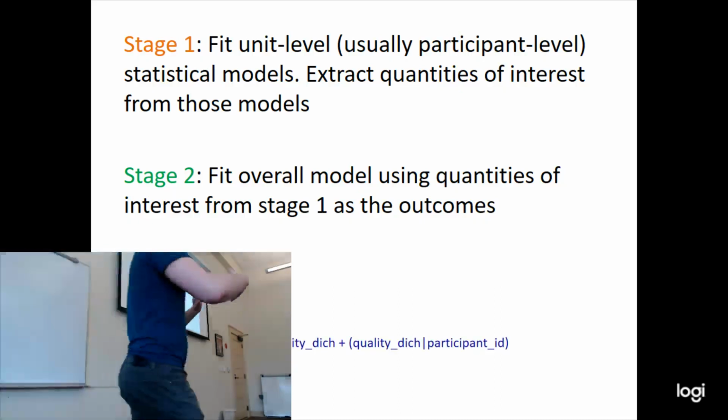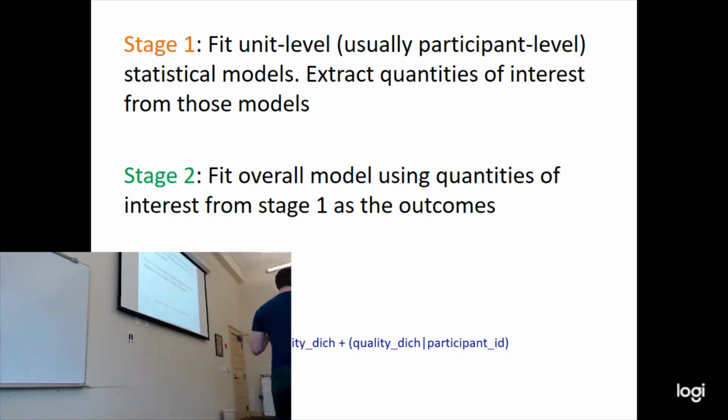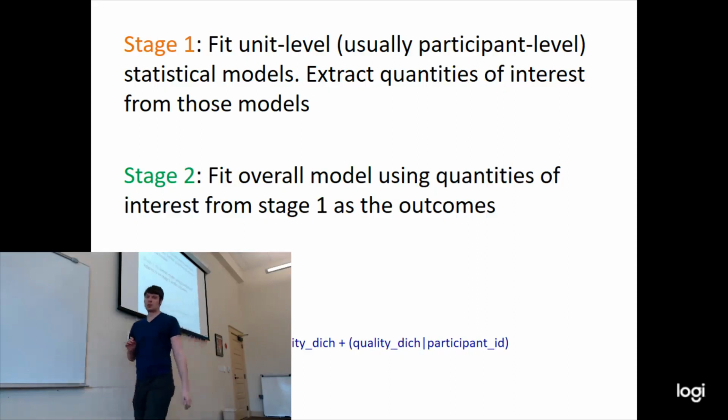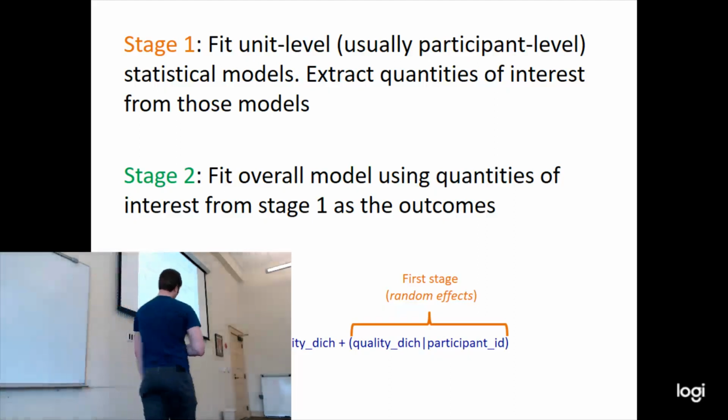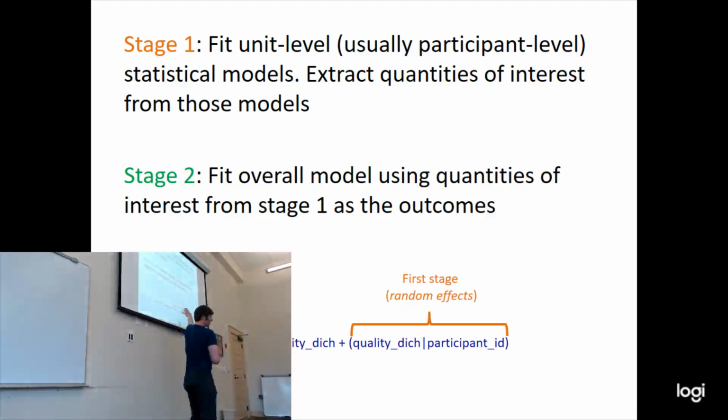So the fact that this proceeds in two stages might give us some insight into why lmer, this new function that we learned about on Monday, has its syntax set up the way it does. This part in parentheses off to the right is the model that we're fitting for that first stage of analysis.